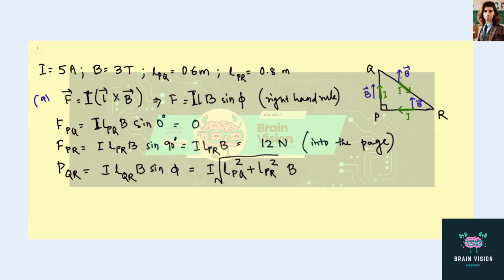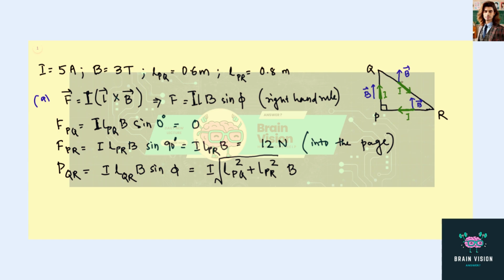If this is phi, this is going to be 90 minus phi.